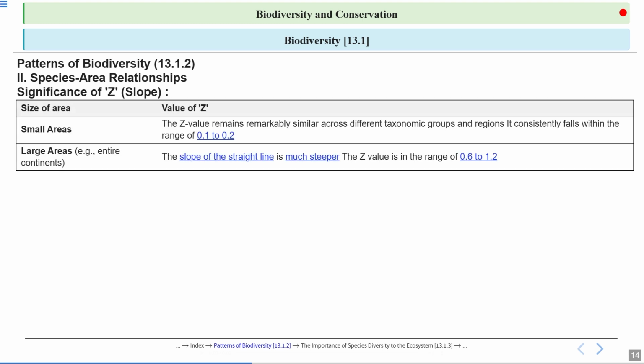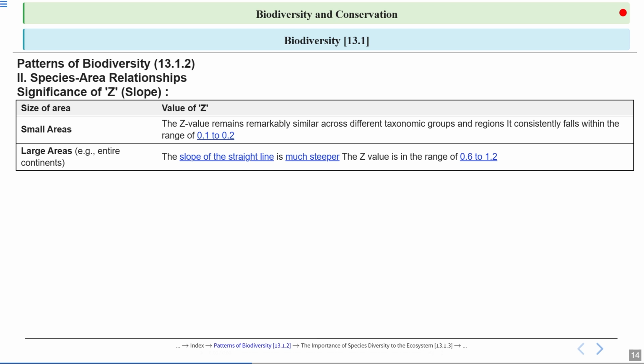Let's talk about the significance of Z, which is the slope. Okay, clear? So you can see for smaller areas, the Z value remains remarkably similar across different taxonomic groups as well as regions. It consistently falls within the range of 0.1 to 0.2. So remember this, for smaller regions, the Z value is around 0.1 to 0.2. Clear?